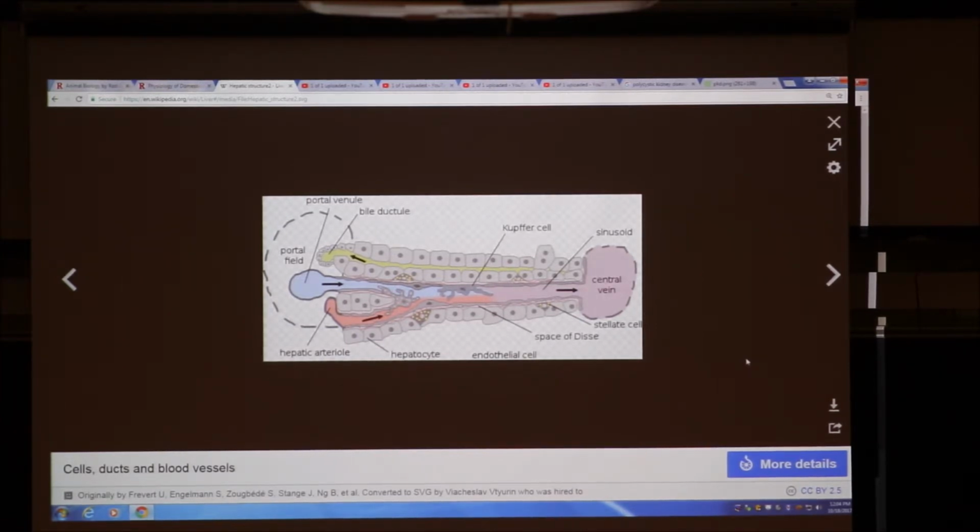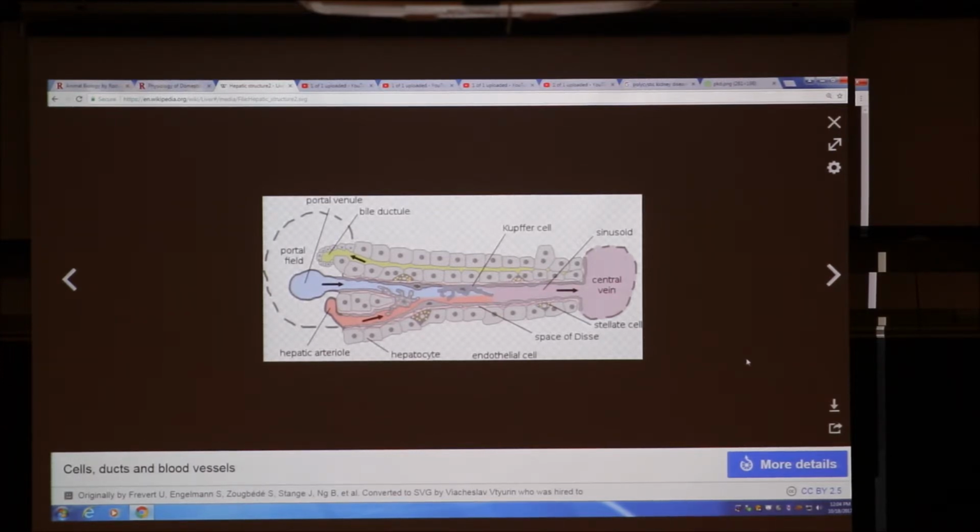So if you look at this, remember how I said the liver has 2 afferent blood vessels? And this will show that. 2 afferent blood vessels, 1 efferent blood vessel. And then it's got a bile duct that takes bile out. And it also has a lymph vessel going out. So there's 3 vessels that carry fluid away from the liver, right?